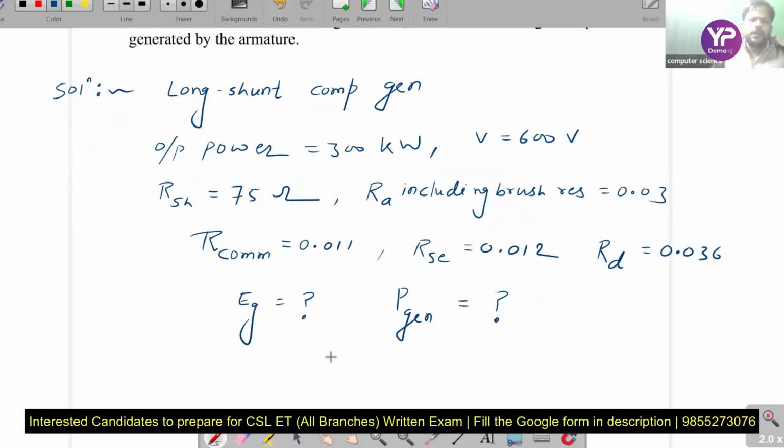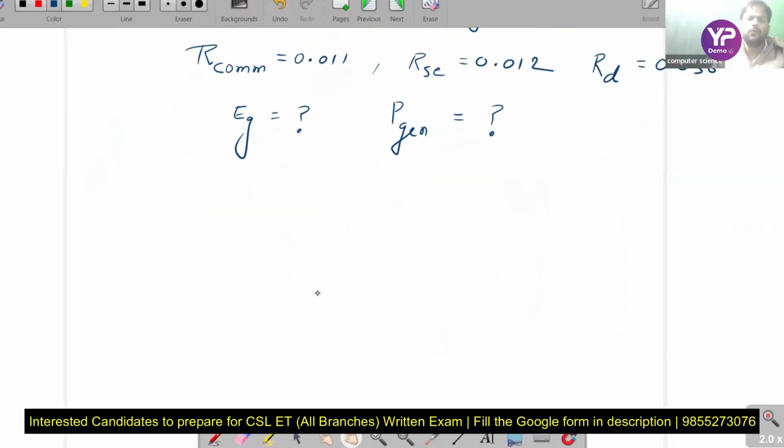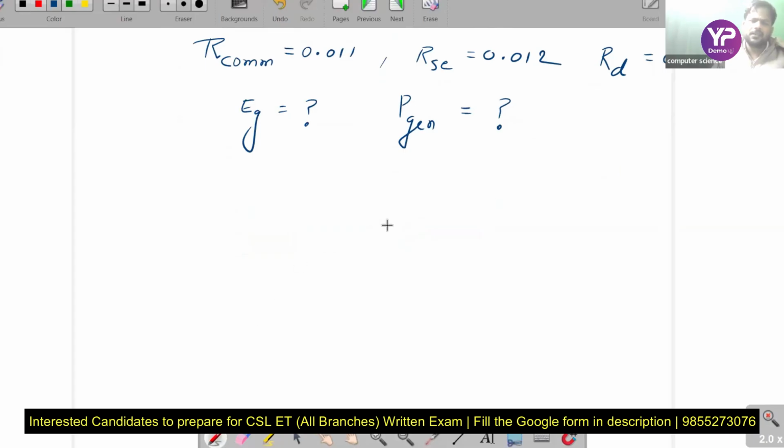To find this value, first of all, we draw the electric circuit of the long shunt compound generator.